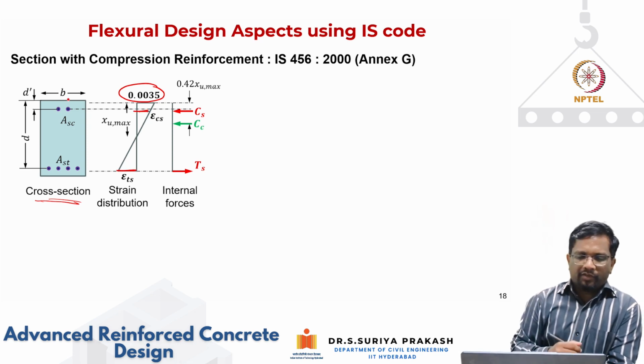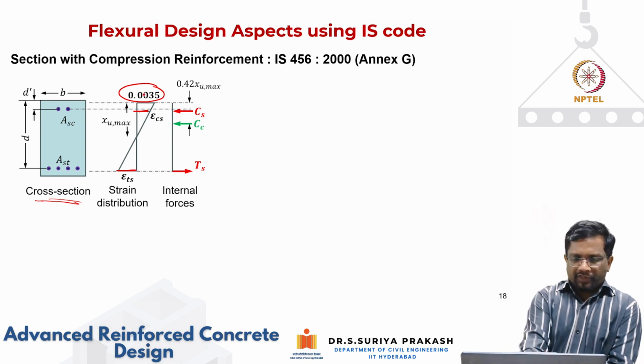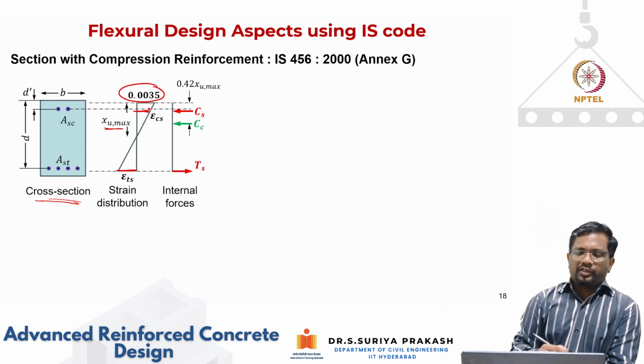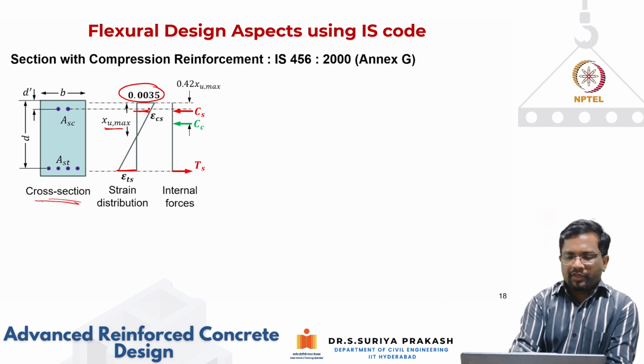Now you see, now that I have put some steel on the compression side, at this condition, depending upon the neutral axis depth, I can calculate epsilon Cs. What is epsilon Cs? You can look at it.